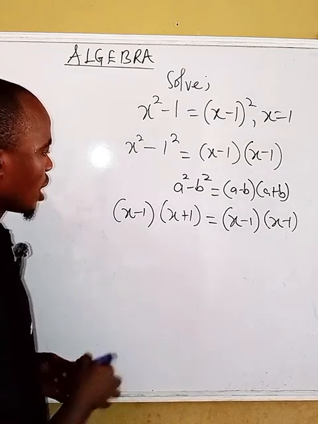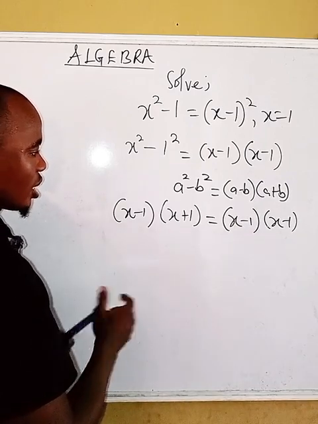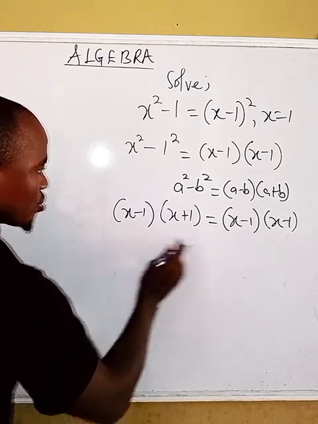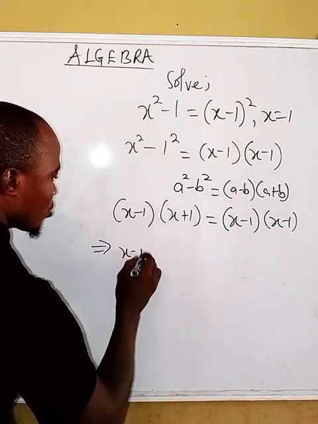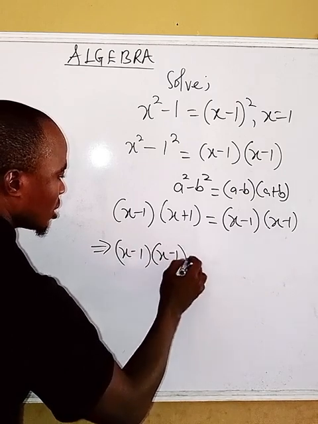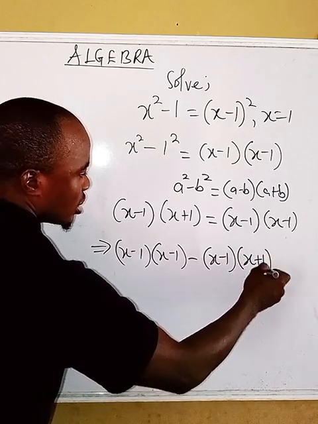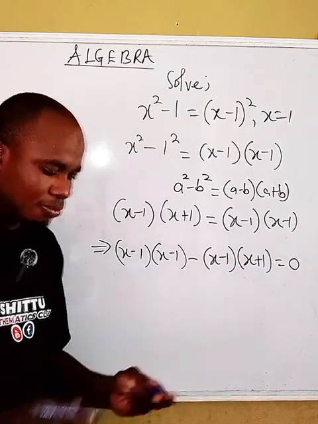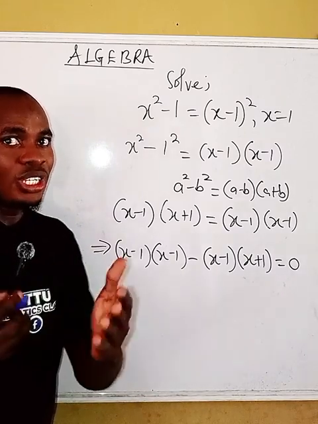So what we are going to do now is take this to the other side. We can have x minus 1 times x plus 1, minus x minus 1 times x minus 1, equals 0. From here, we are taking our time because we are doing it together.